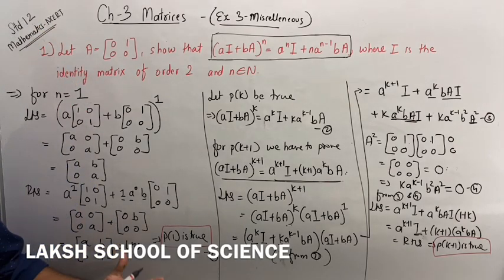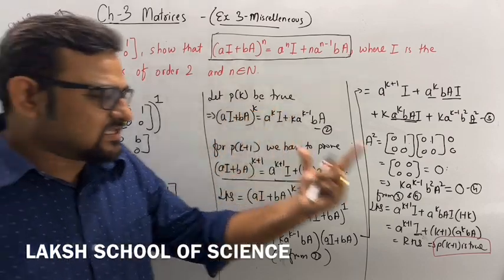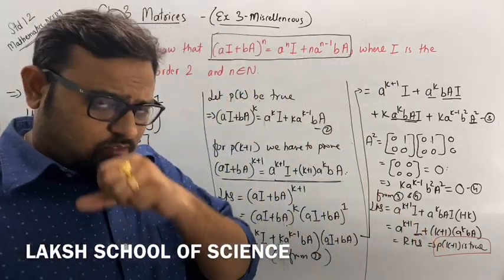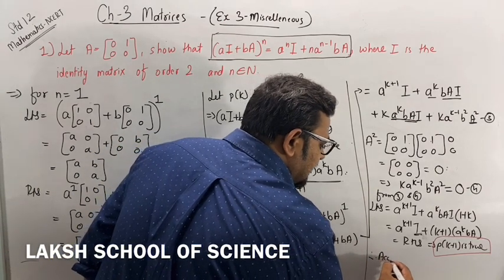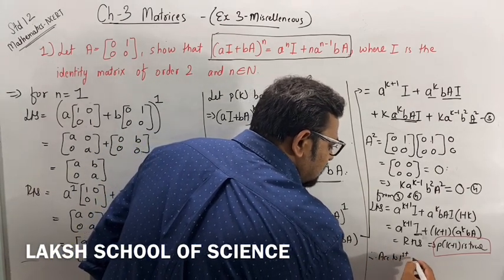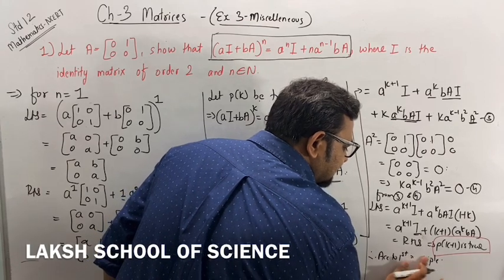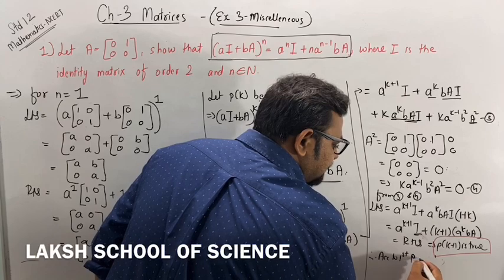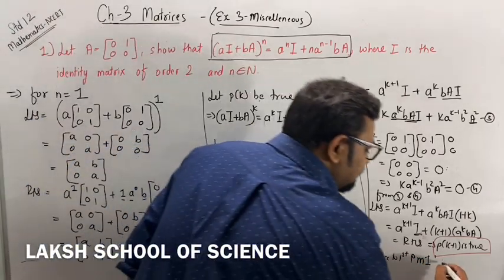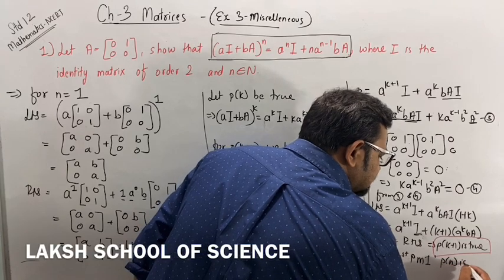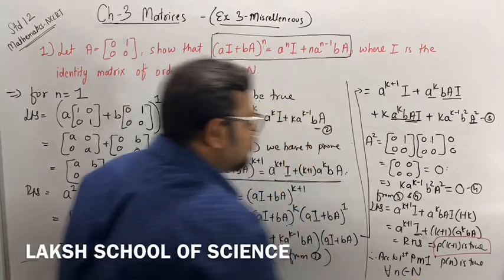So P of 1 is true, P of K is true implies P of K plus 1 is true. Therefore, according to first principle of mathematical induction, in short PMI, principle of mathematical induction, P of n is true for every n belonging to N.